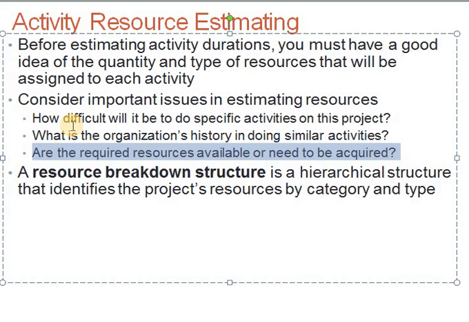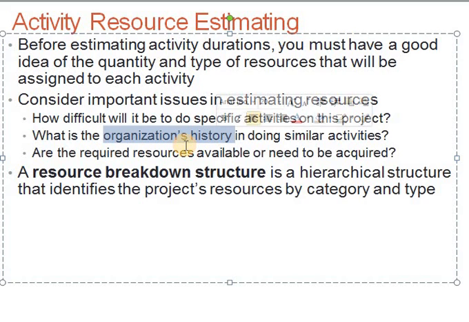So you have to find the complex activities first of all, then you will view the organization history in order to view the actions with similar activities, and you have to make sure whether the required resources are available or need to be acquired.